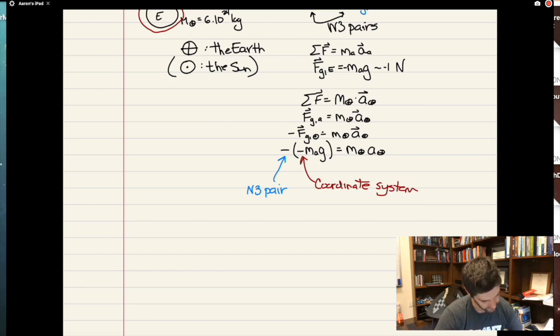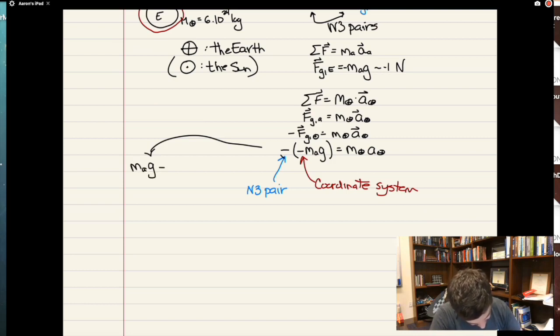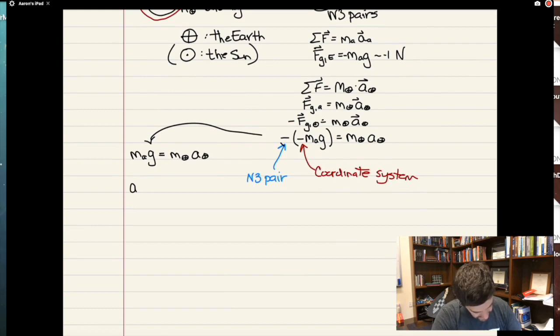So that implies the mass of the apple times little g is equal to the mass of the Earth times the acceleration the Earth experiences. All this is positive. It points upward as expected.